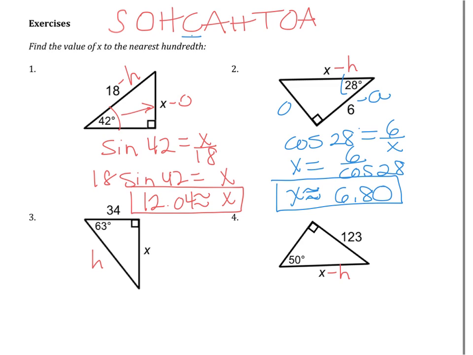For number 3, here's the angle. The side opposite is x, and the other side is my adjacent. So the trig function that deals with the opposite and the adjacent is the tangent function. So tangent of 63 is equal to x over 34. X is in the numerator, so all I have to do is cross multiply.